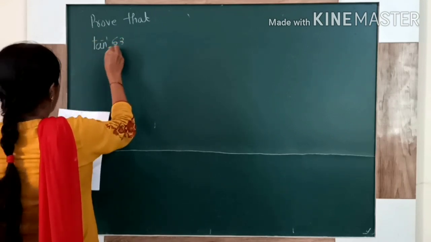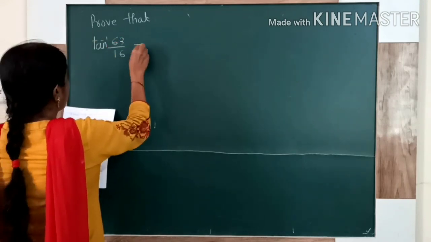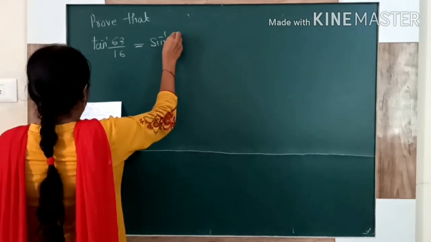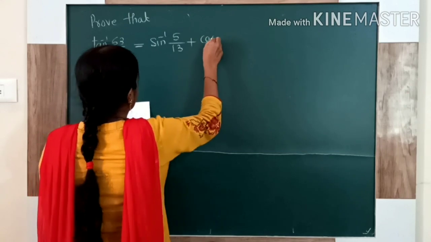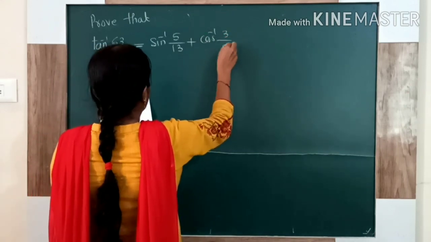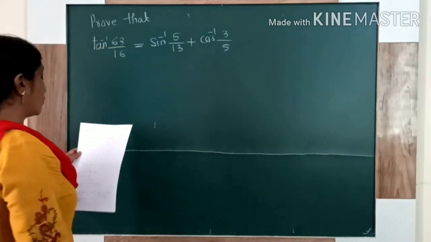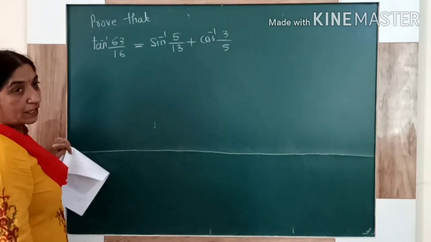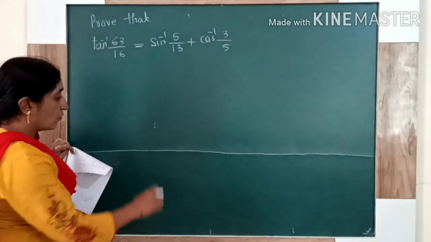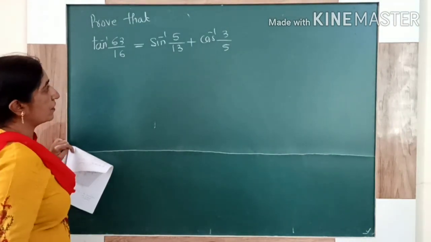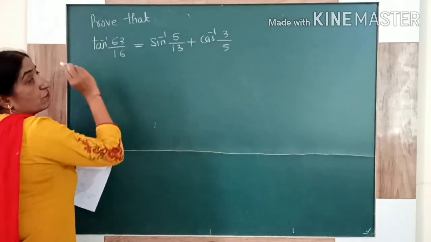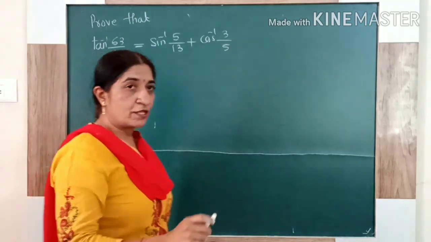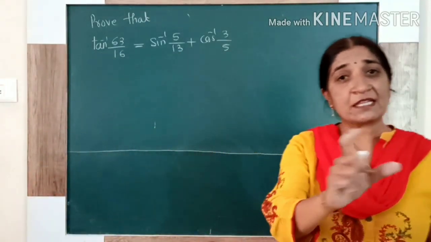Tan inverse 63 upon 16 is equal to sin inverse 5 upon 13 plus cos inverse 3 by 5. See here, students, I am giving you a hint and you have to solve this after some steps. Here we cannot start with LHS. Why does that question arise? Because in the LHS we have only one simple term.